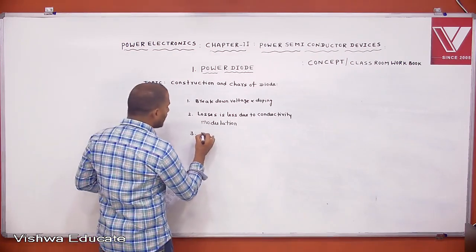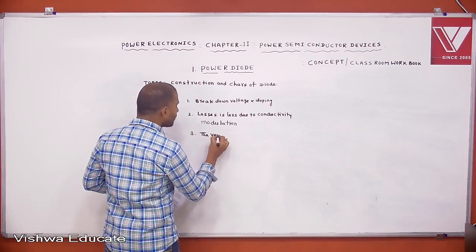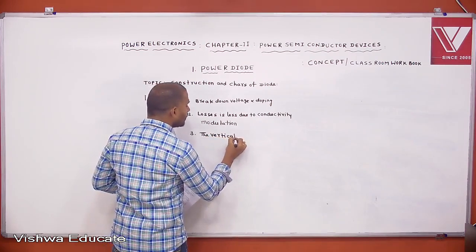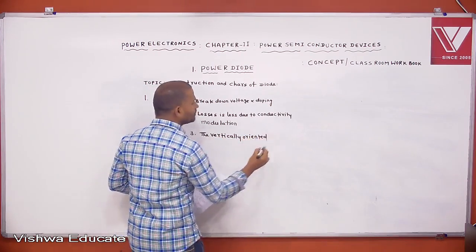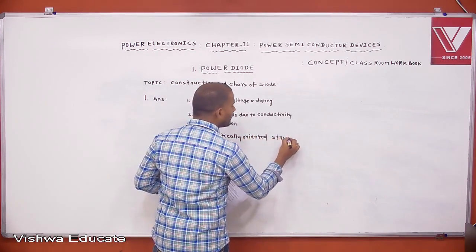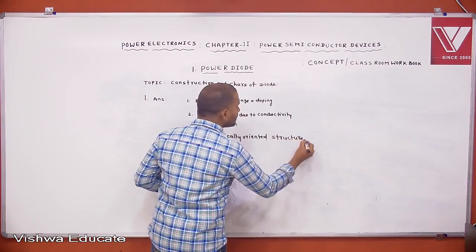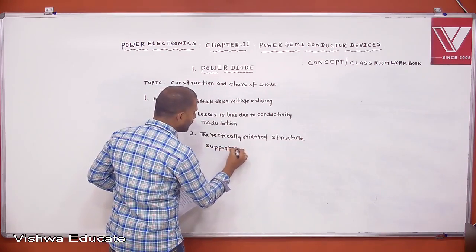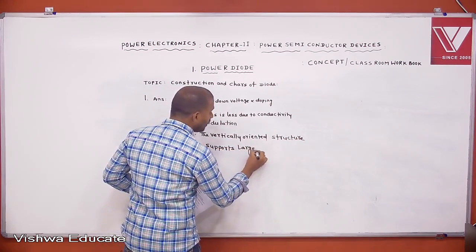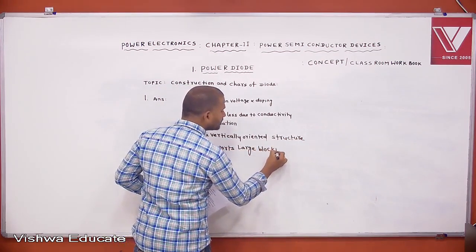The vertically oriented structure supports large blocking voltage.